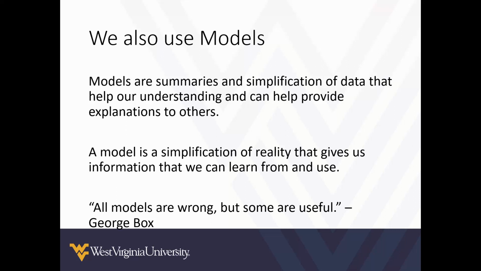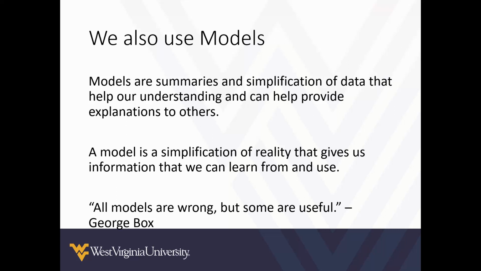A model is a simplification of reality that gives us information that we can learn from and use. There is a very famous saying in statistics that all models are wrong, but some are useful. So it's pretty much impossible to make a model that is 100% perfect. There's too many variables to account for every possible situation.